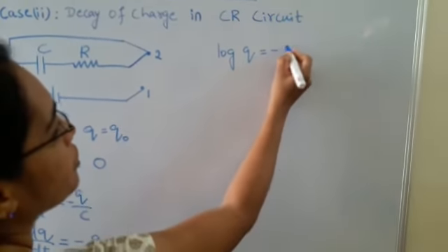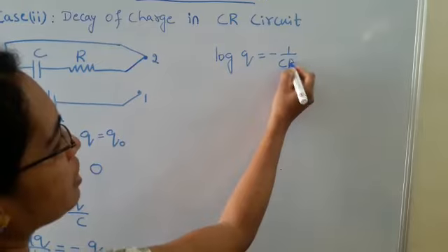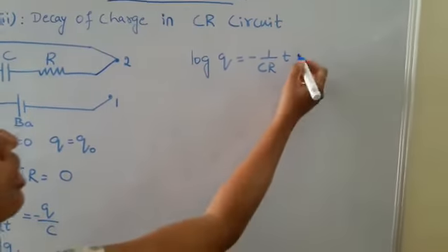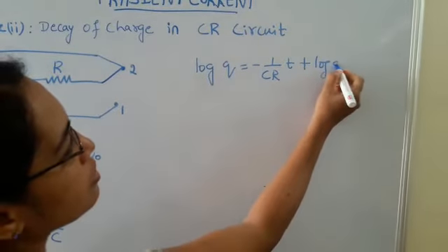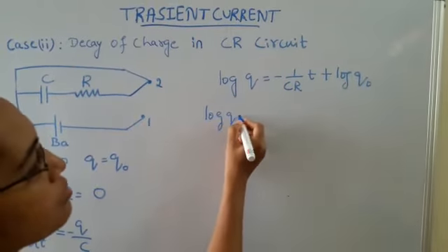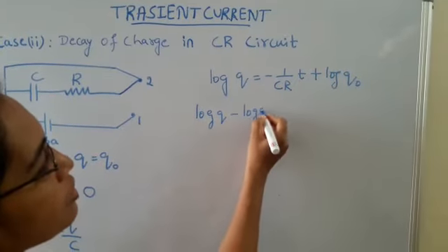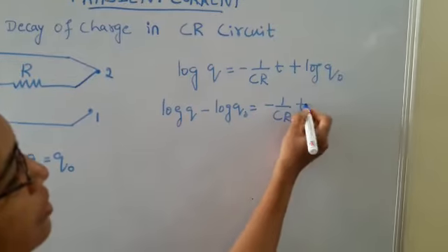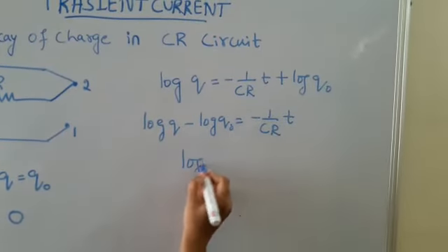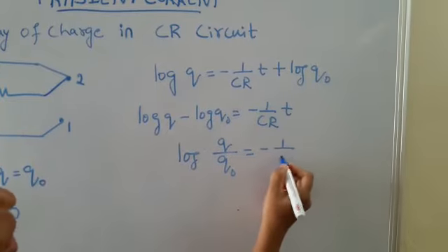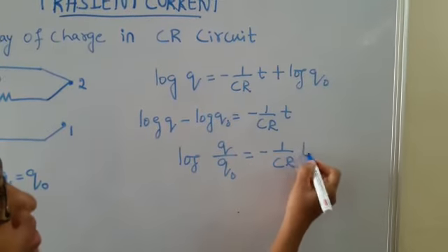Substituting the value of the constant in this expression, we have log Q equal to minus 1 divided by CR into t plus constant. So the constant is log Q0. Transferring this to the LHS, we have log Q minus log Q0 equal to minus 1 by CR into t. So log Q divided by Q0 equals minus 1 divided by CR into t.